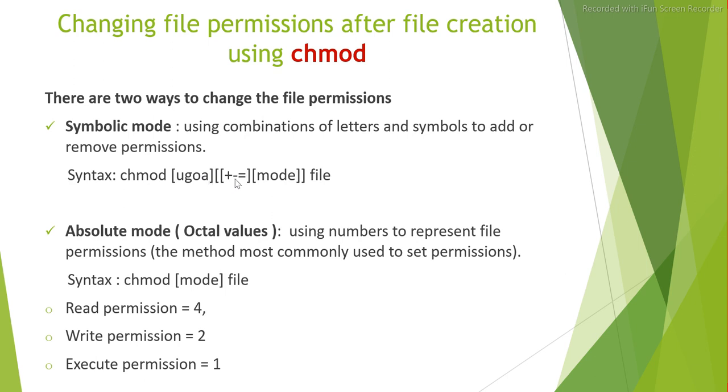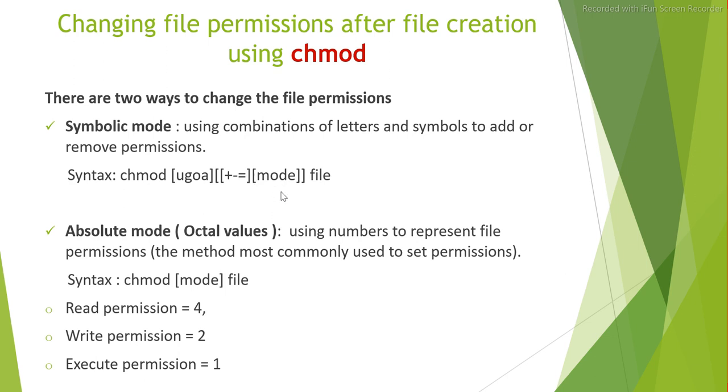Together with that, if you want to add a permission, you can say plus. If you are removing an existing permission from that particular user or group, then you can say minus. If you want to assign multiple permissions, then you can say equal to also.